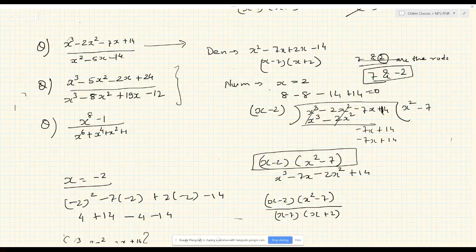The third one is x squared minus 1, correct? The second one is also not reducible. Could anyone reduce the second one?